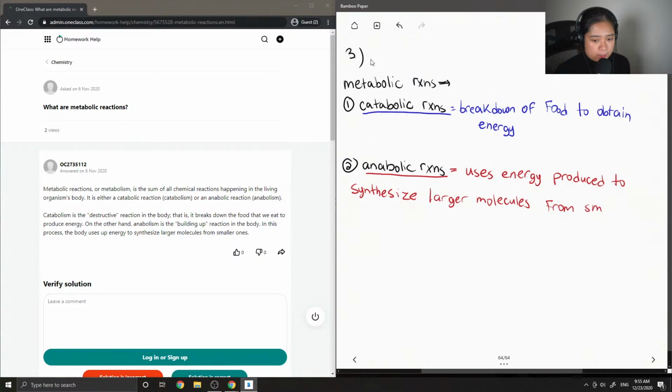So the two kind of go hand in hand, and we require metabolic reactions just so that our body can function.